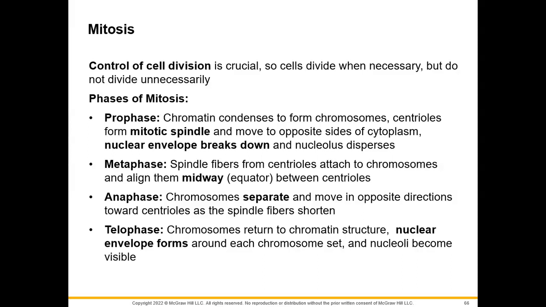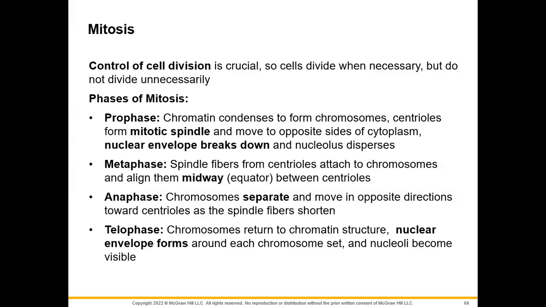So one chromosome moves to one end of the cell, and the other one moves to the other end of the cell. And so you can remember anaphase A pulls chromosomes apart, or pulls sister chromatids apart into their own individual chromosomes.